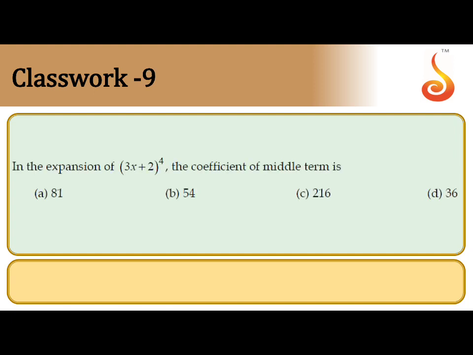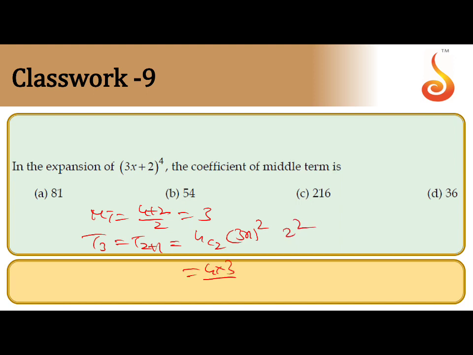So in the expansion, the coefficient of the middle term. Same thing, here n is even. So the middle term is 4 plus 2 by 2, and that is 6 by 2, which means 3. So the third term is the middle term. So T3 as T2 plus 1. You can calculate. First you have to find the middle term. Means 4C2 into (3x) power 2 into 2 power 2. 4C2 is 4 into 3 by 2 into 1, into 9x square into 4.